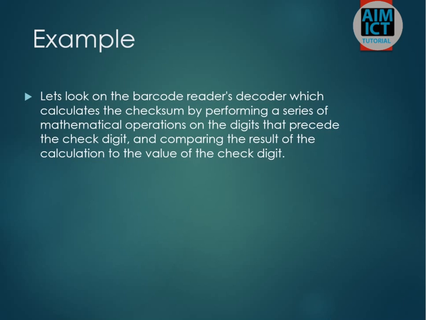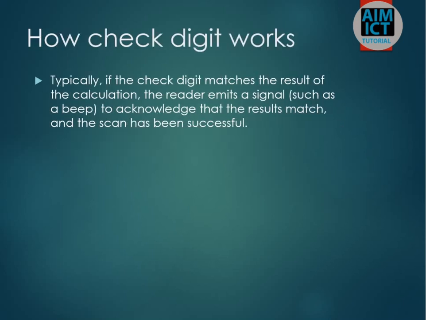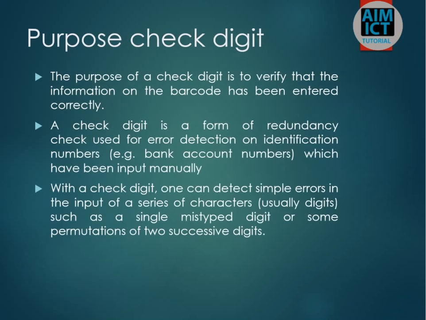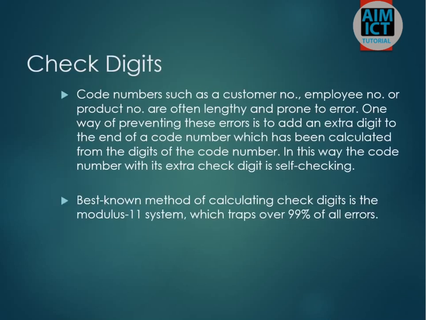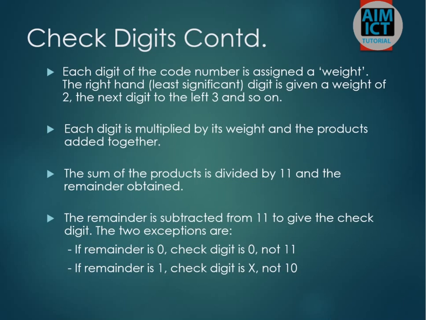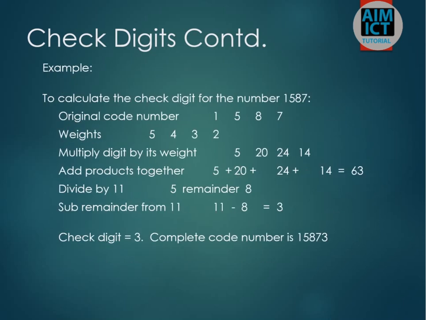And there is a calculation which they use in order to get that number. They take numbers, calculate, add, multiply, take remainders, then they give that code. You see? That is how it works.